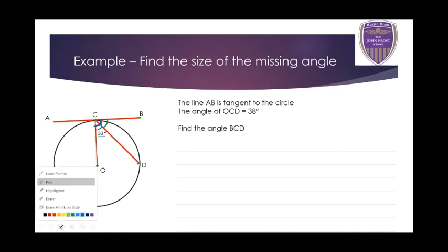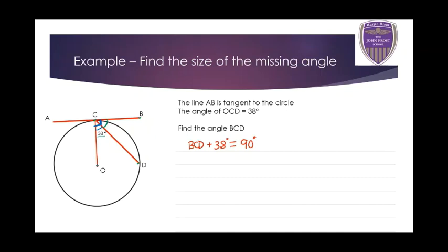So therefore, to answer this question, I'm trying to find angle BCD. I know that angle BCD plus 38 has to equal 90 degrees, okay? Because both those angles add together to make that right angle in the corner, okay?